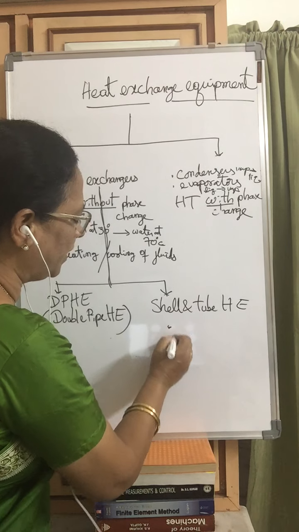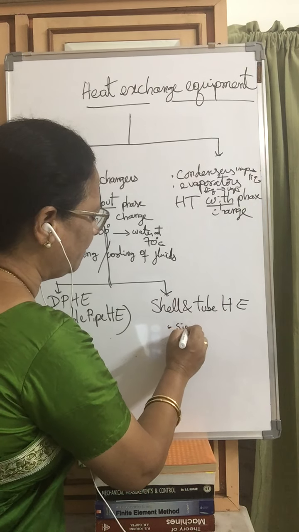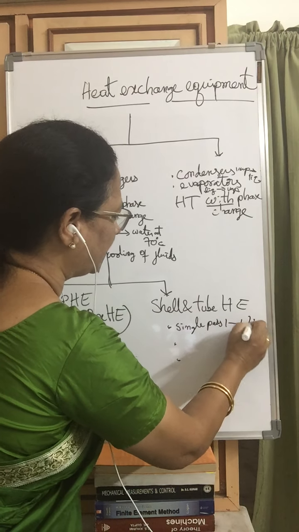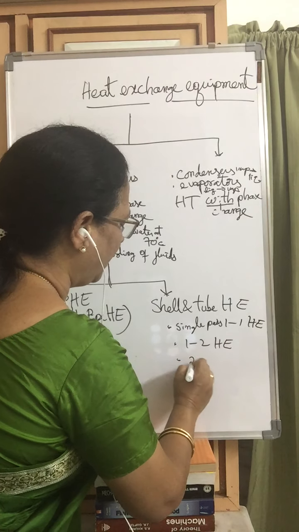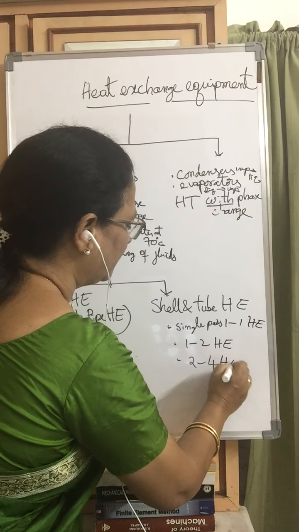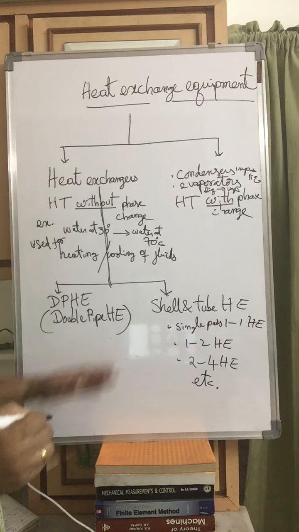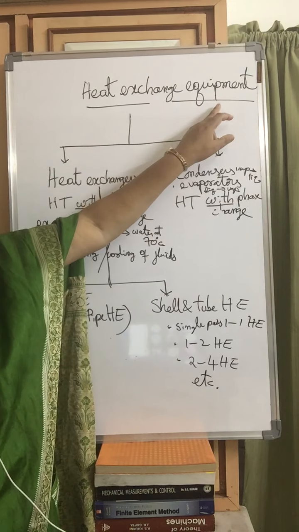In shell and tube heat exchangers, you will again have a single pass 1-1 heat exchanger, a 1-2 heat exchanger, and a 2-4 heat exchanger, etc. This is the classification of heat exchange equipment.